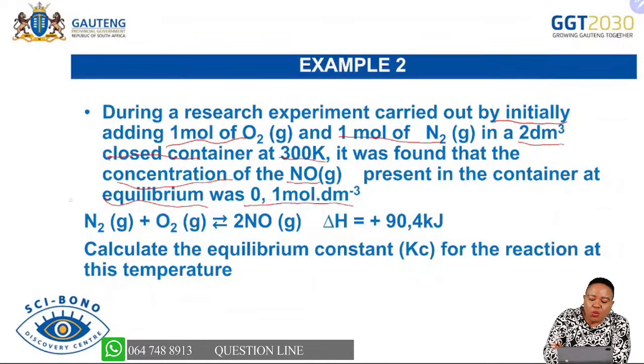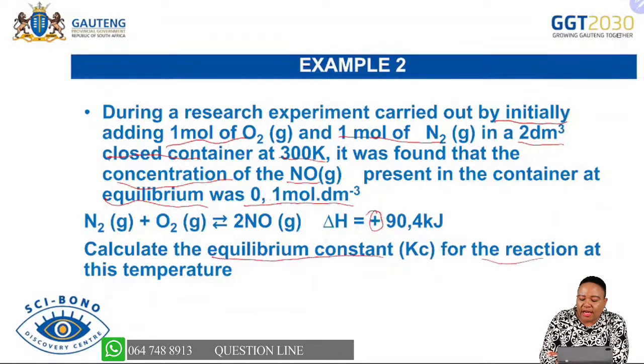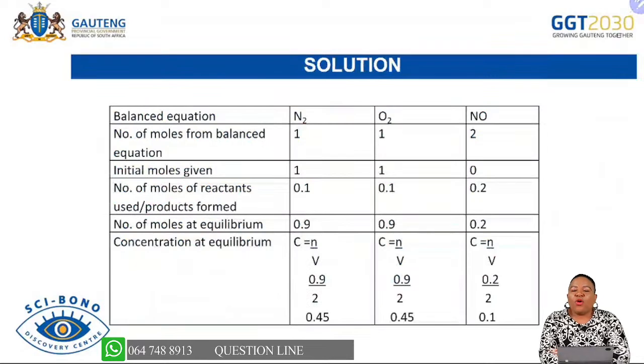So we are provided with the expression, and we know that if delta H is positive, the reaction is what? It is endothermic. They say calculate the equilibrium constant also for the reaction at this temperature. So we know we are going to use the same method as we used on the first one, where we look at the ratio of nitrogen, oxygen, and nitrogen oxide, which was 1:1:2.